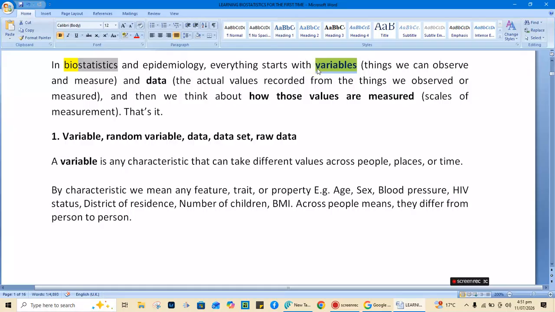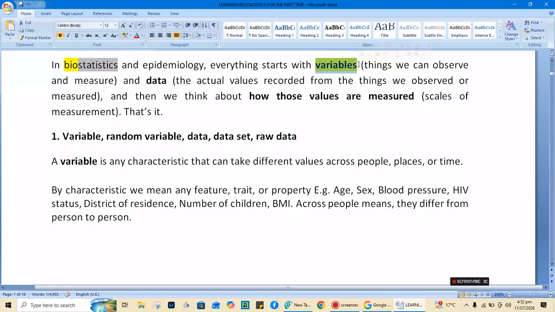Variables were letters, isn't it? For example, if we write 2x, x is a variable, 2 is the value or constant. So for variables, you can think of words such as age, which is a characteristic. Blood pressure is a variable, a characteristic. HIV status, or just status, is a variable, a characteristic.